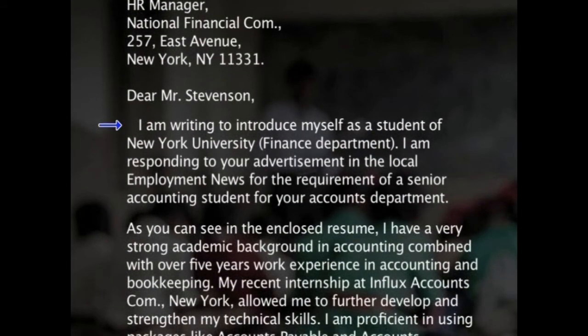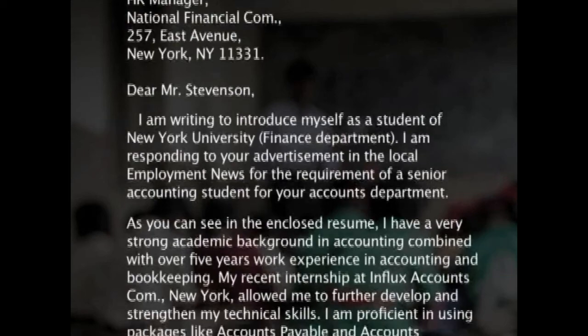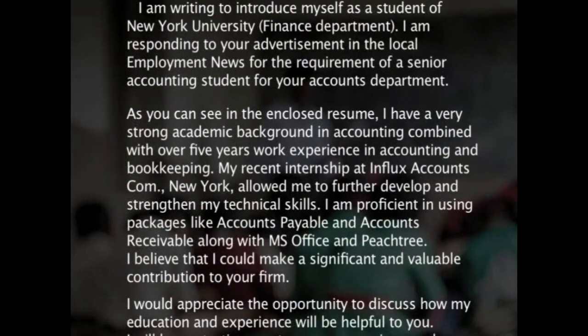I am writing to introduce myself as a student of New York University Finance Department. I am responding to your advertisement in the local employment news for the requirement of a senior accounting student for your accounts department. As you can see in the enclosed resume, I have a very strong academic background in accounting combined with over 5 years work experience in accounting and bookkeeping.